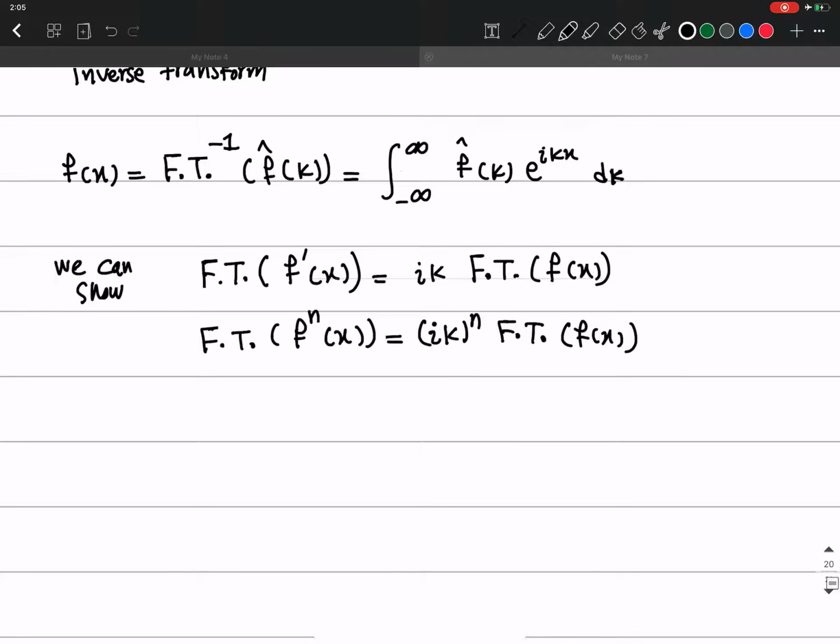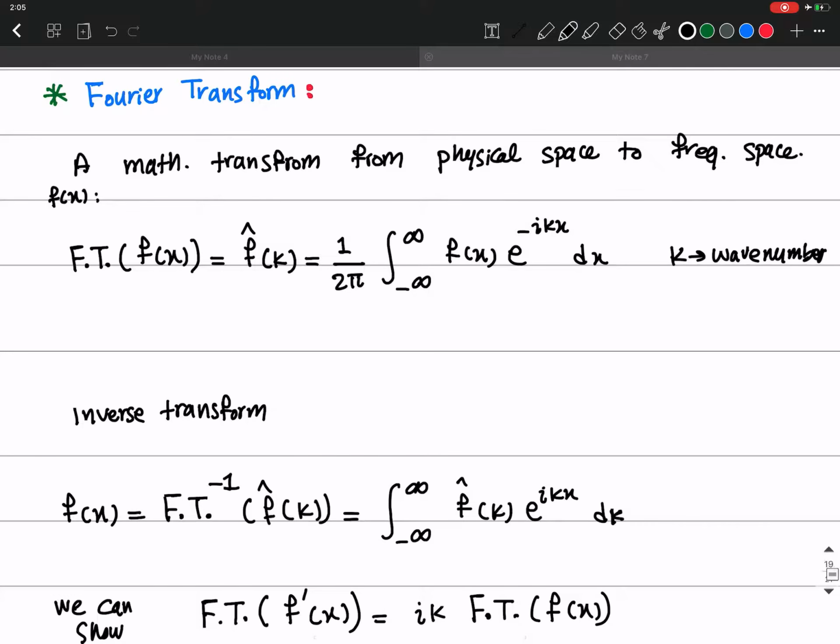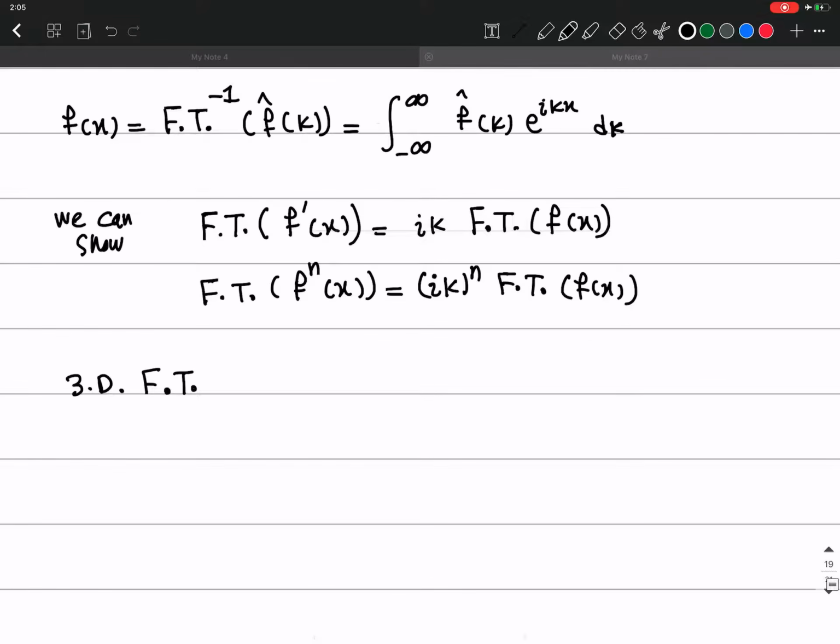But before that, let me also define 3D, three-dimensional Fourier transforms. So these were one dimension. We just did it in one dimension. But we can also do three-dimensional Fourier transform.